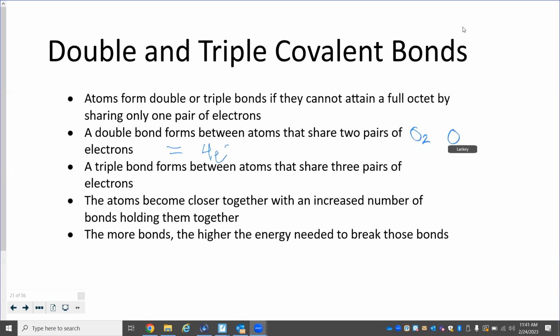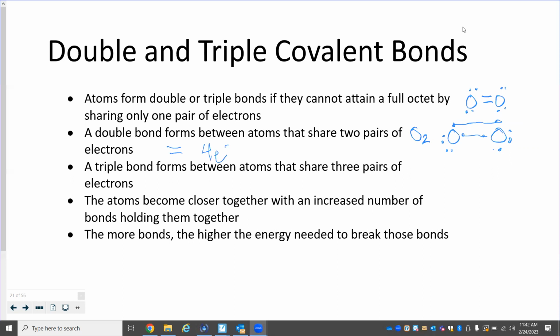Oxygen has 6 valence electrons. Whenever it shares 1 pair of electrons, that's only 7 valence electrons. So it would need to have a second pair shared. So you'll see this cleaned up where you have that double bond in the middle.